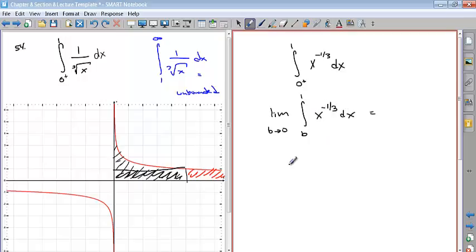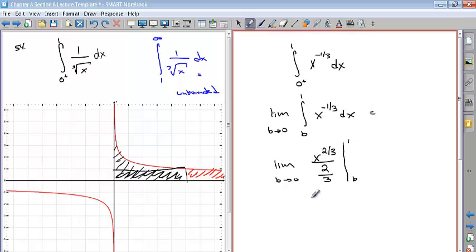Okay, so you add one to the exponent, x to the 2/3, divide by the new exponent, 2/3, evaluate between b and 1.